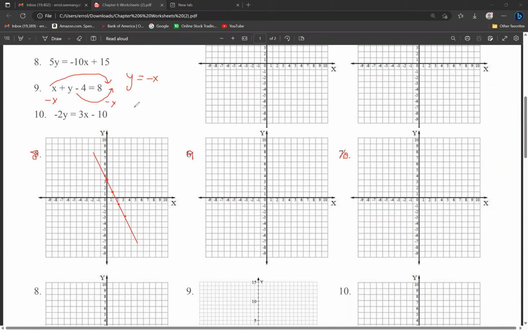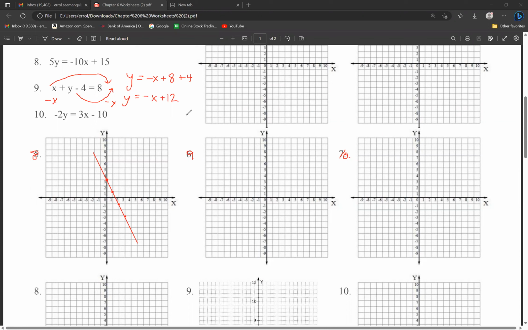Then what? Plus 8 minus 4 or plus 4? What's the sign right here? Plus, yep. 8 plus 4. All right, now simplify this. What's 8 plus 4? 12. 8 plus 4 is 12.